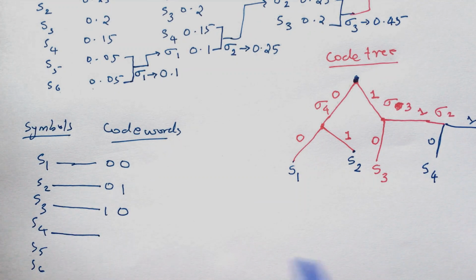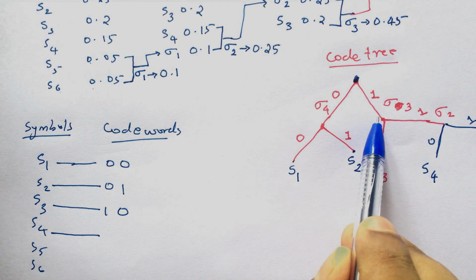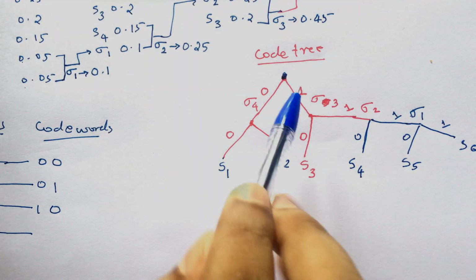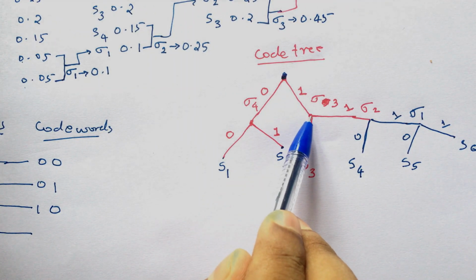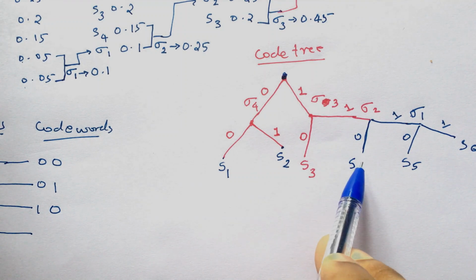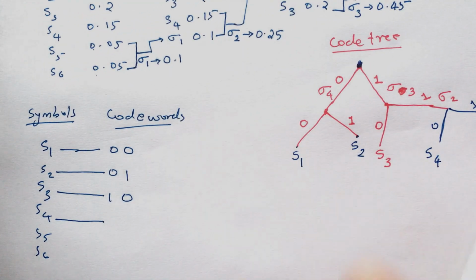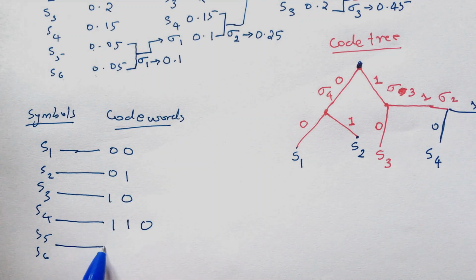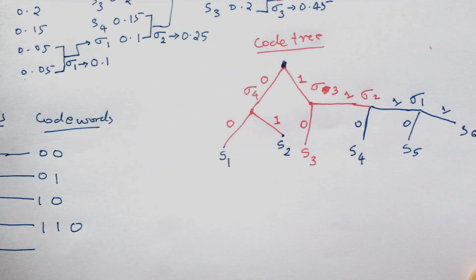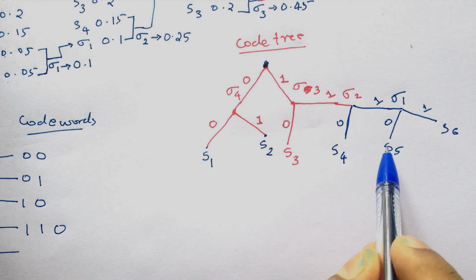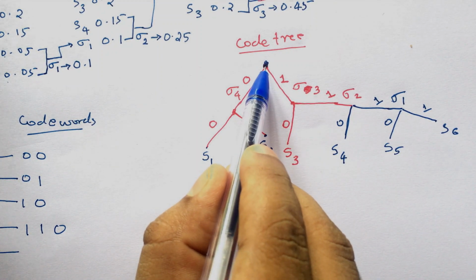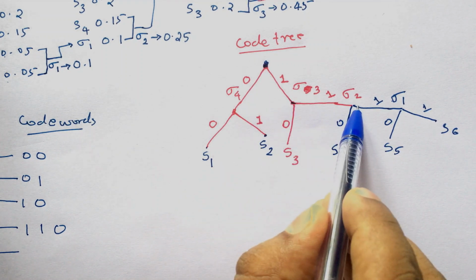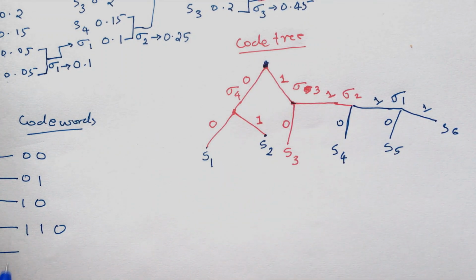And for S4 it is 1, 1, 0. Then for S5, we need to start from the first node: 1, 1, 1, 0.